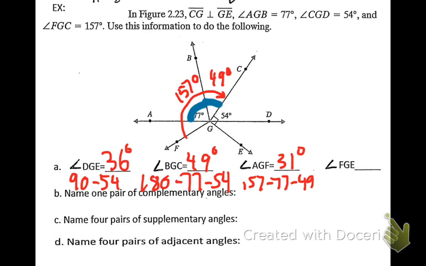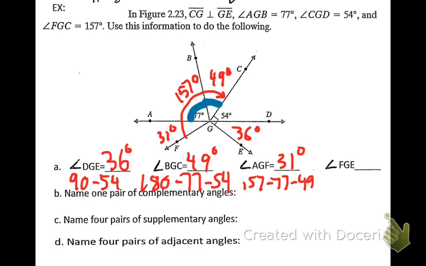FGE. So now we've got this is 31. We found that this was 36. What's FGE going to be? We've done one similar to this already. How do I figure out FGE? Shatis.